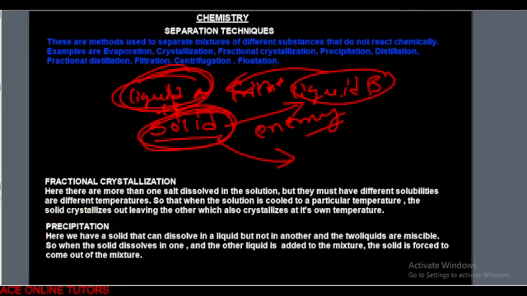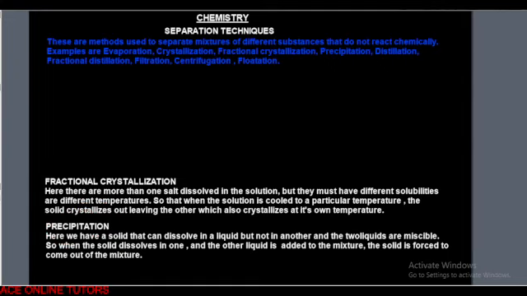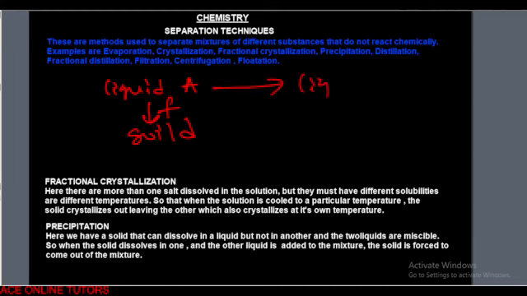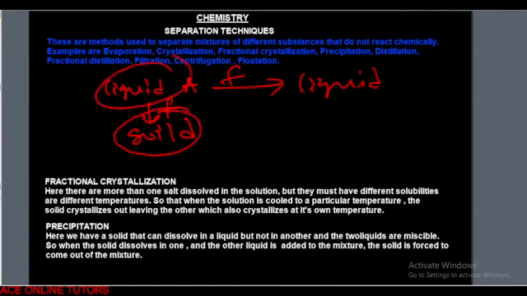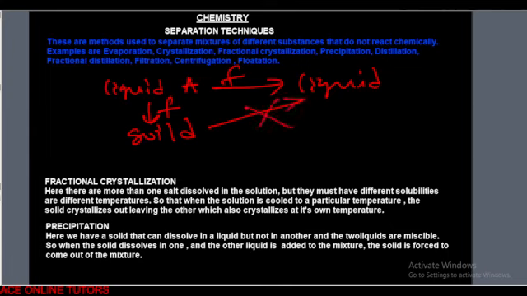I hope you get this. It's a little bit complex, but it's something that you can get. So we have a liquid A, which is a friend of this solid. This liquid is also a friend of another liquid. Whenever I use friend of, it means that they can mix together. So this solid can mix with liquid A, and liquid A can mix with liquid B, but this solid cannot mix with liquid B. That means they are enemies.